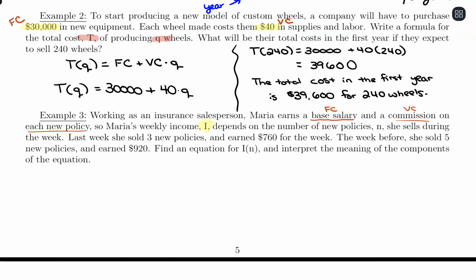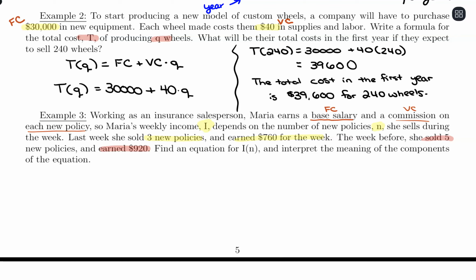So we're getting some variables here, income and number of policies. Last week, she sold 3 new policies and earned $760 for the week. The week before, she sold 5 new policies and earned $920. Find an equation I of n and interpret the meaning of the components of the equation.